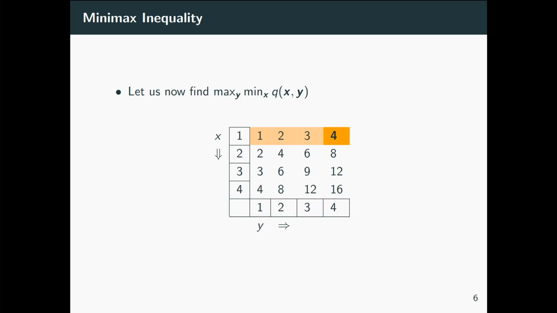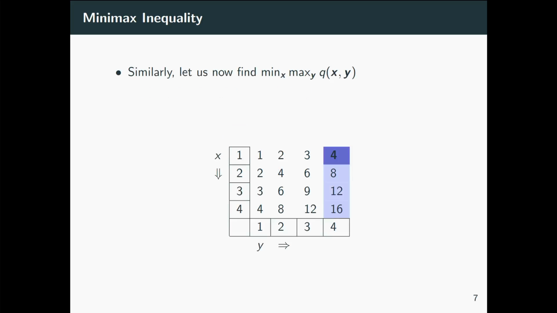And then if you maximize this over y, you find the y which maximizes these values, and you'll choose y equal to 4. So the min of qxy over x gives you this range of values 1, 2, 3, 4: corresponding to y equal to 1 you get the functional evaluation as 1, for y equal to 2 you get 2, and so on and so forth. Corresponding to y equal to 4, you are able to maximize the new function obtained, and that gives you a value of 4.